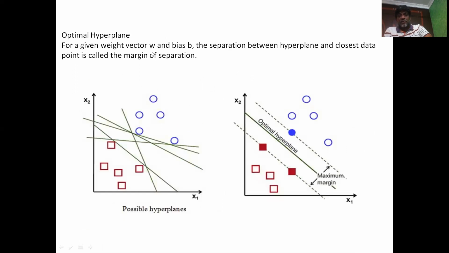And then optimal hyperplane means, in a particular input space, there may be several hyperplanes that can be identified to separate the positive class inputs and negative class inputs. Out of all these hyperplanes, the hyperplane with the maximum margin of separation between positive classes and negative classes is called the optimal hyperplane.